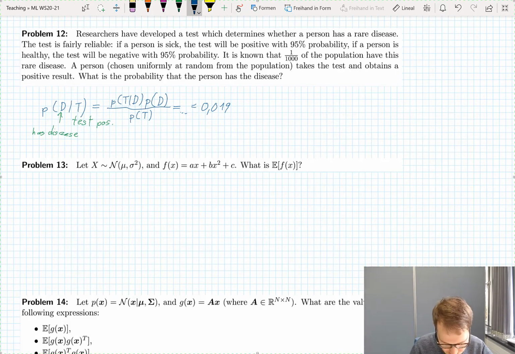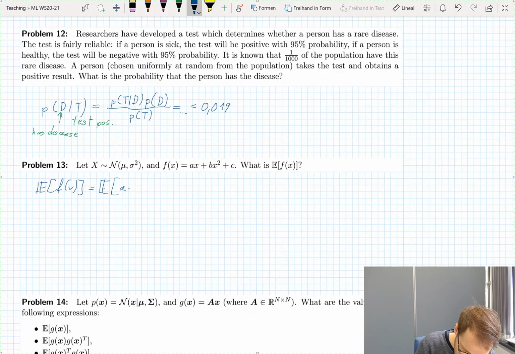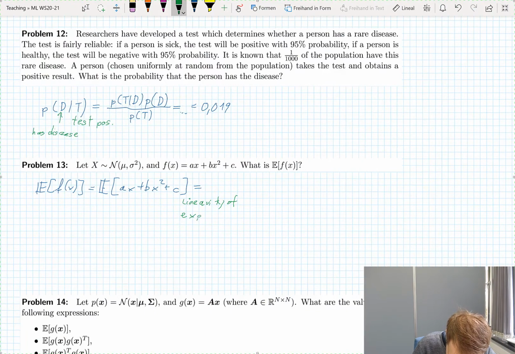We want the expectation of f of x. Let's expand this. Expectation of ax plus bx squared plus c. Now, we know that the expectation is linear, so by the property of the linearity of expectation, my pen gets worse and worse.